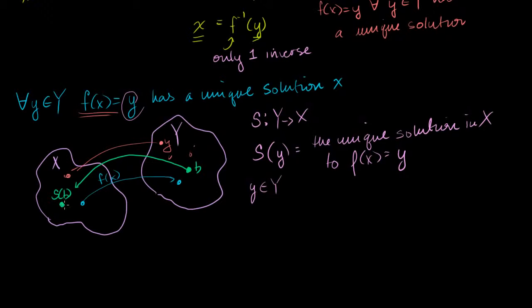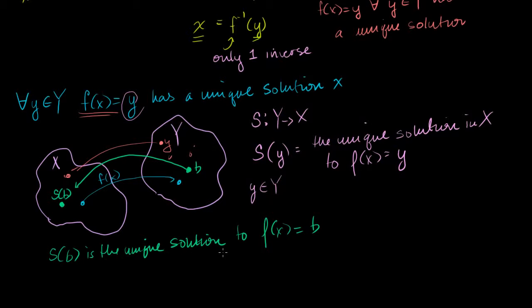Now, we know that s of b is a unique solution by definition. I know it seems a little circular, but it's not. We know that s of b is a solution. So we know that s of b is the unique solution to f of x is equal to b.